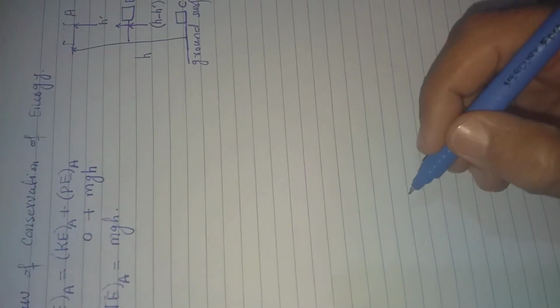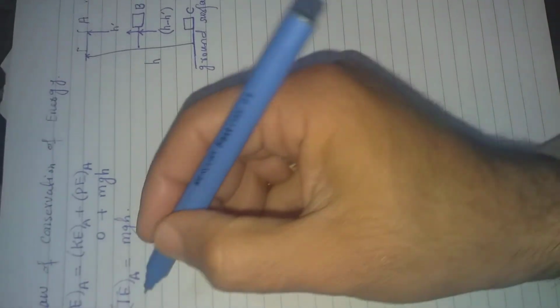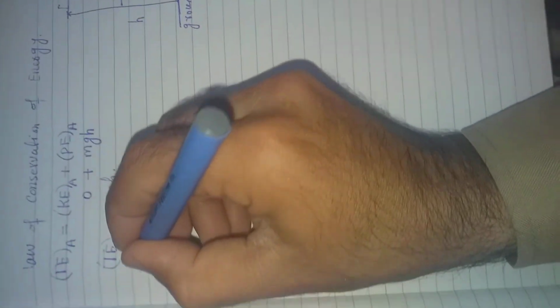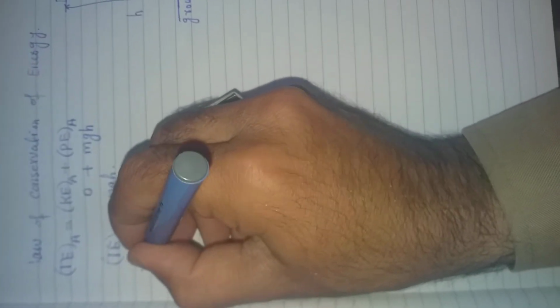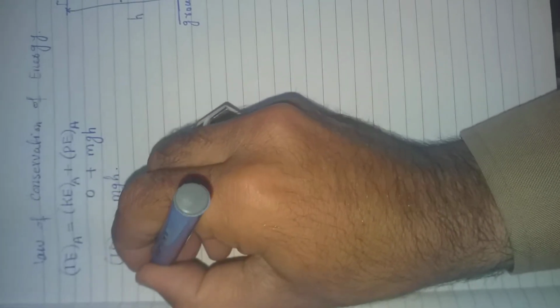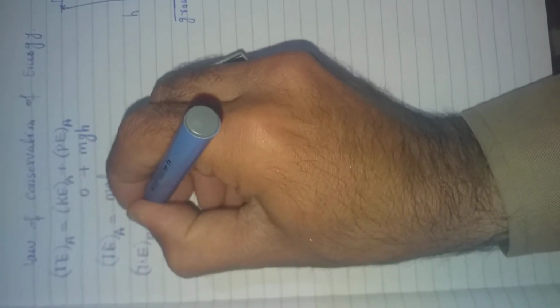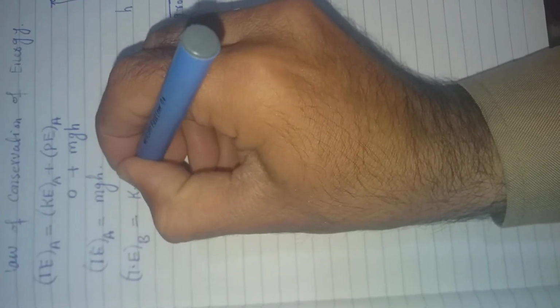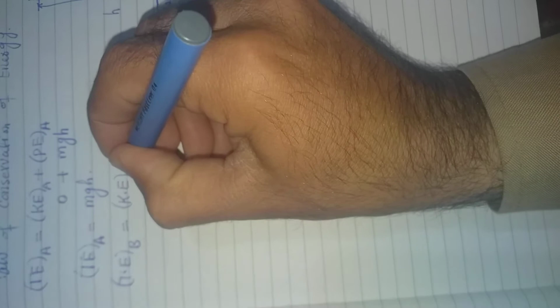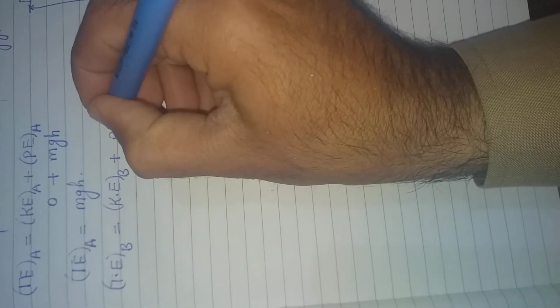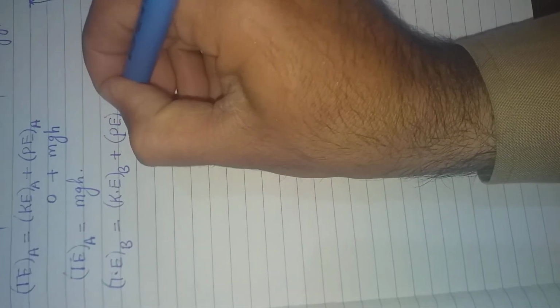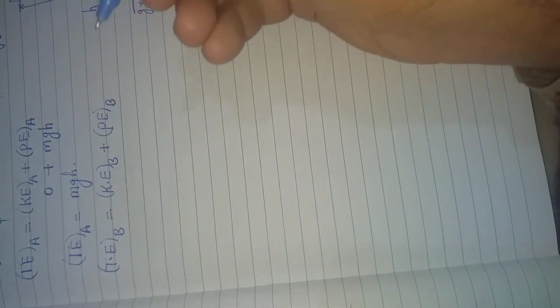Now the total energy at point B, we can write total energy at point B is equal to, just like above we have already written, kinetic energy at point B plus potential energy at point B. But before explaining these kinetic and potential energies, let me take some steps.